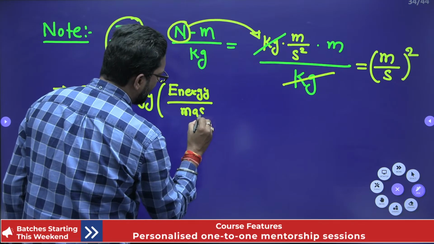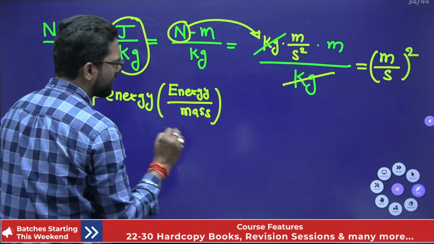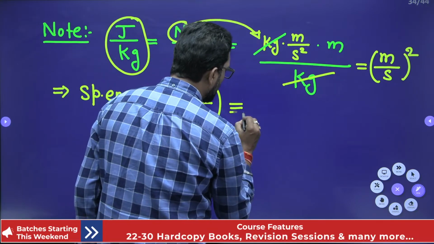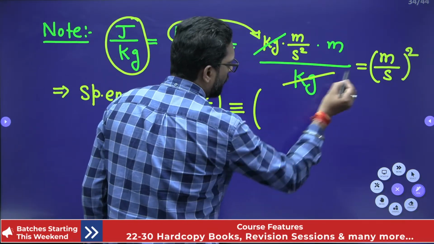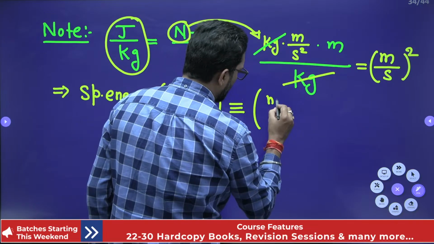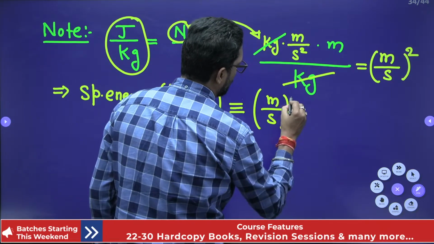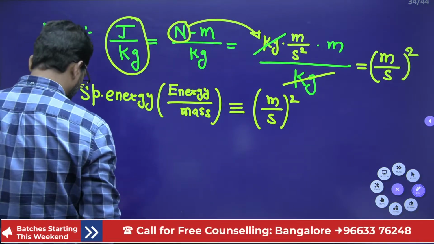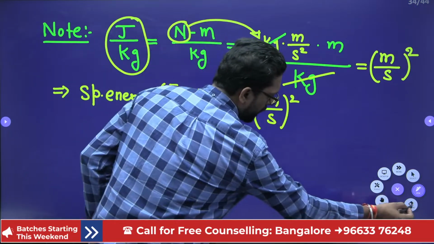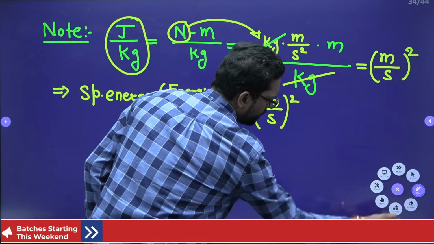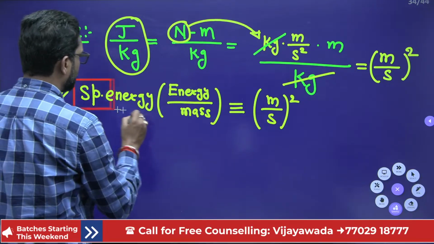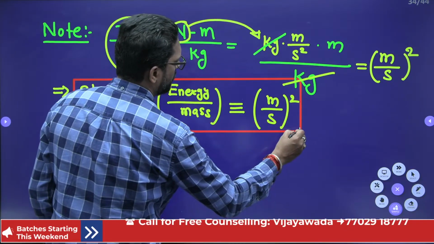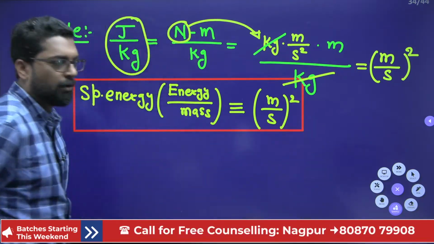And mind it, energy is in joule and mass is in kg, which is equivalent to velocity whole square, meter per second whole square. This is very important, I'm telling you. This is a very important observation. Okay, beta.